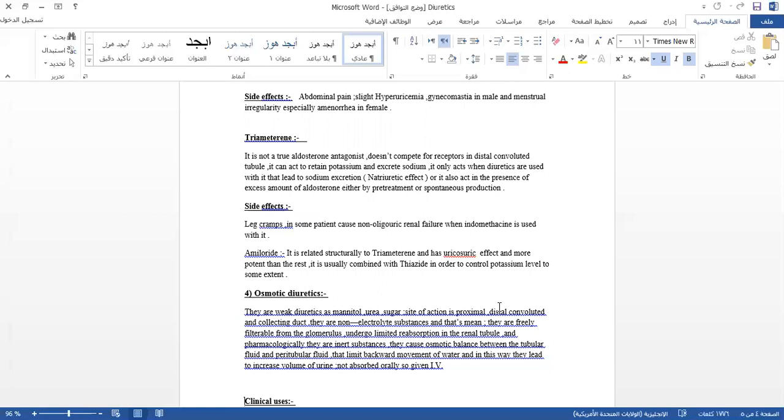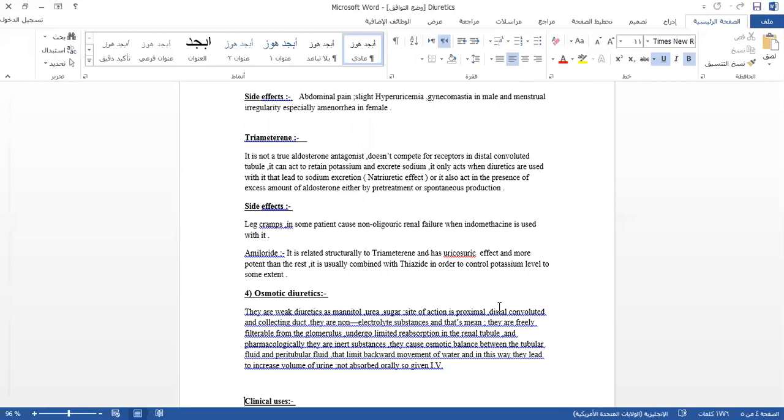So high efficacy diuretics excrete 15 to 20% of the filtered load of sodium. Moderate efficacy diuretics, represented by the thiazide group, have the ability to excrete 5 to 10% of the filtered load of sodium. Low efficacy diuretics have the ability to excrete only 5% of the filtered load of sodium, with potassium sparing as we talked about.